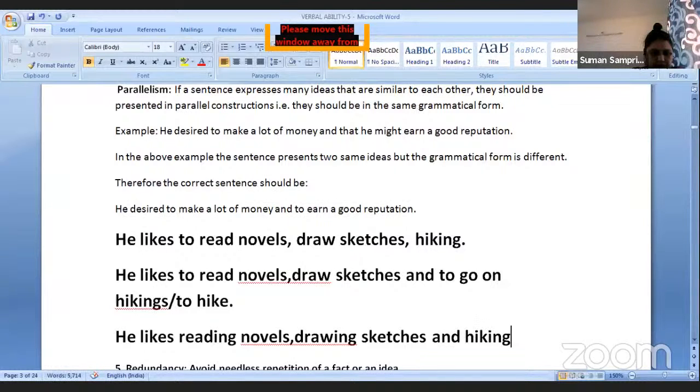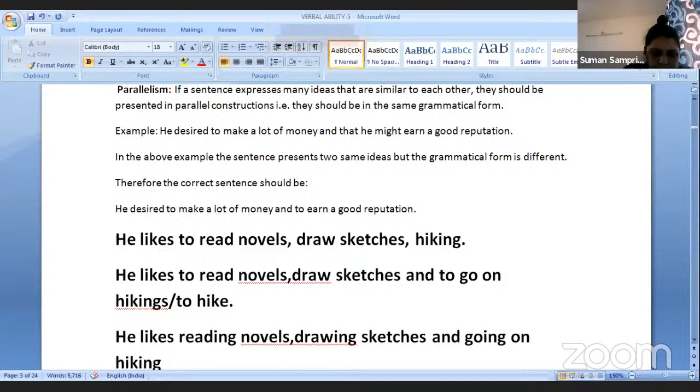But that would be to go, means going on hiking. And hiking. Okay, so Sunita has only mentioned there hiking and drawing. So you can otherwise manage it like this: he likes reading, sketching or drawing, and then hiking. In that way also it would be correct.